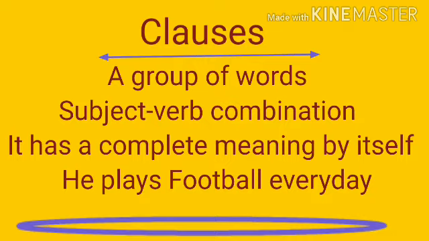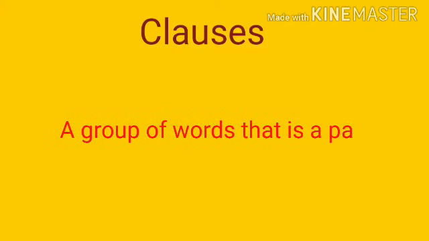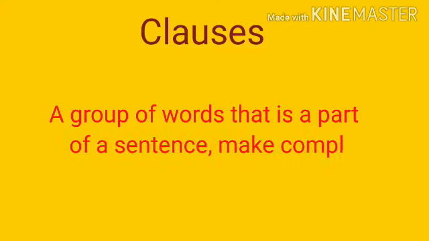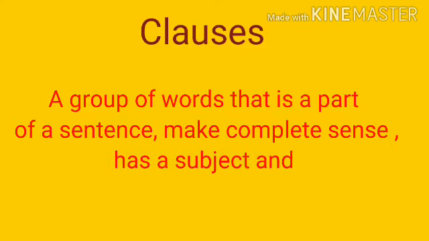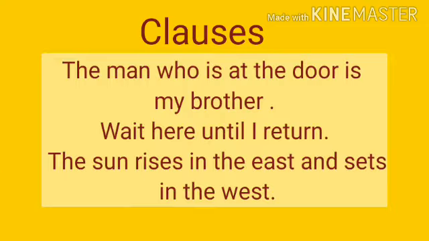So in short, we can define a clause as a group of words that is a part of a sentence, makes complete sense, and has a subject and a verb. Now look at these examples. The man who is at the door is my brother.